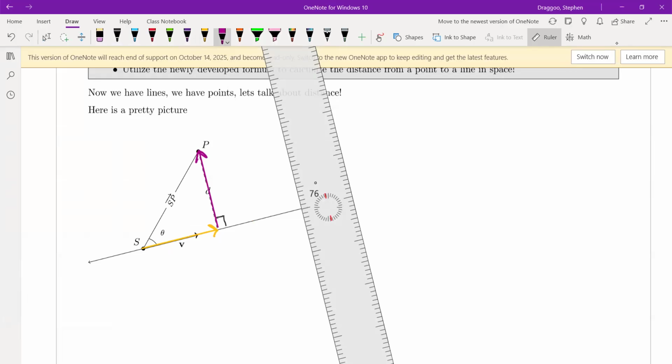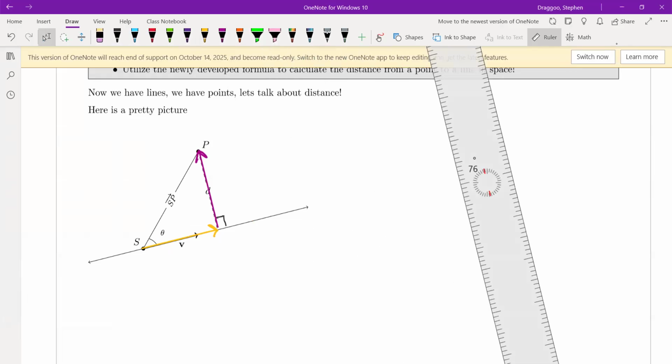These should hopefully remind us of a couple of projections, where this pink distance is the orthogonal projection of something. This yellow line is the regular vector projection of something. In both of these cases, I'm projecting onto the vector v, which is the parallel part of the line, the vector that tells me what the line looks like.